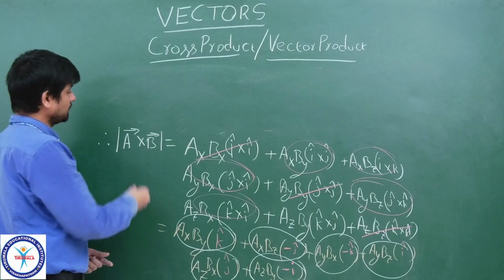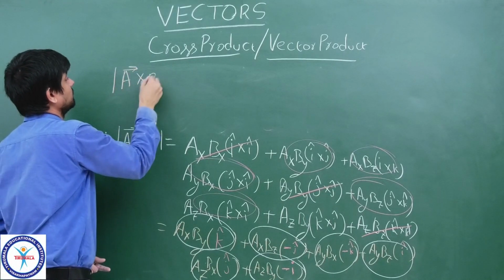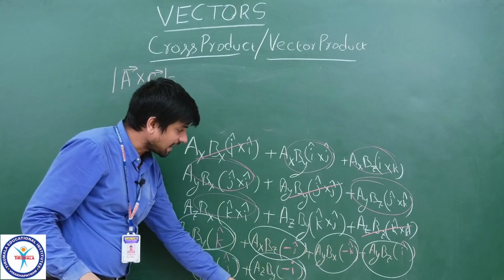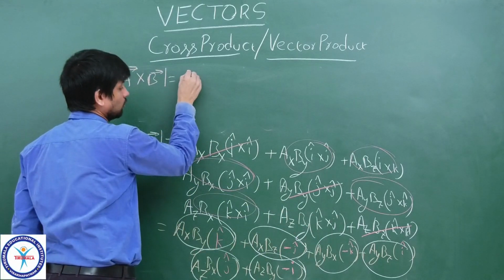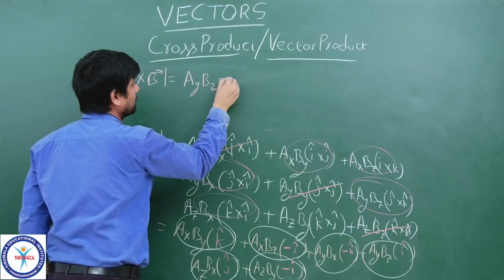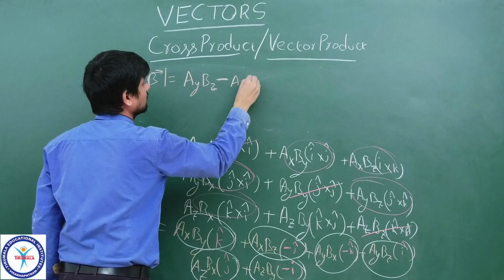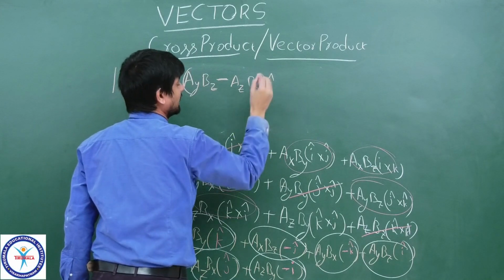See children, if you write modulus a bar cross b bar, the answer: here look at this, this is i term, this is i term, take the i common. So, (ay bz minus az by) into i cap.